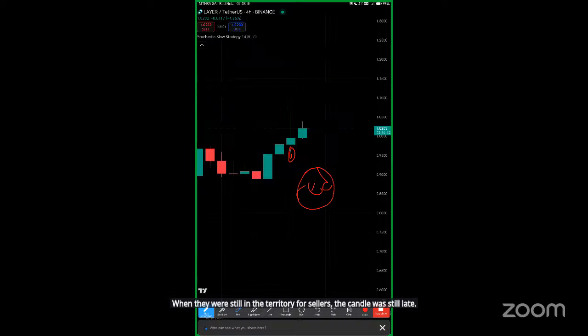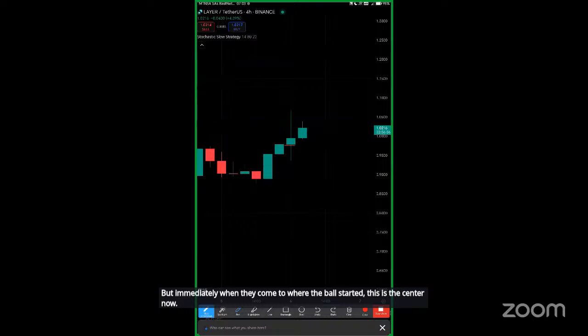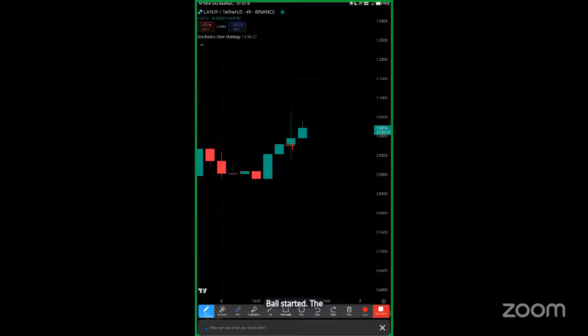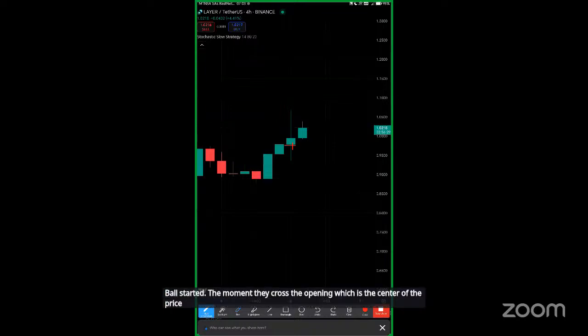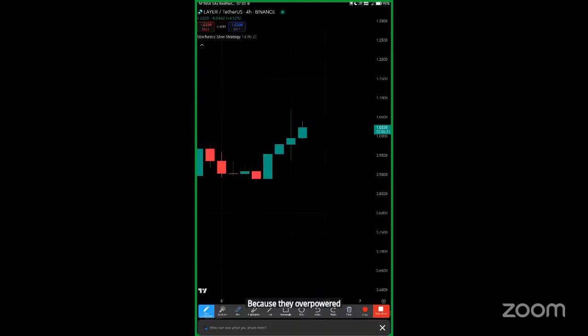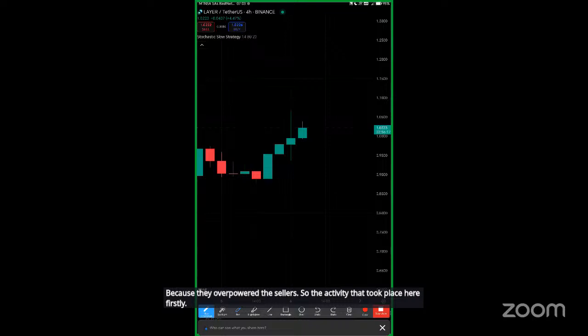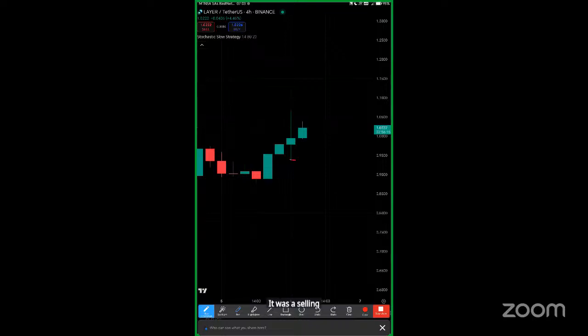But immediately when they come to where the ball started, this is the center now, the moment they cross the opening, which is the center of the price, then buyers started painting this candle with green because they overpowered the sellers. So the activity that took place here first was a selling activity.